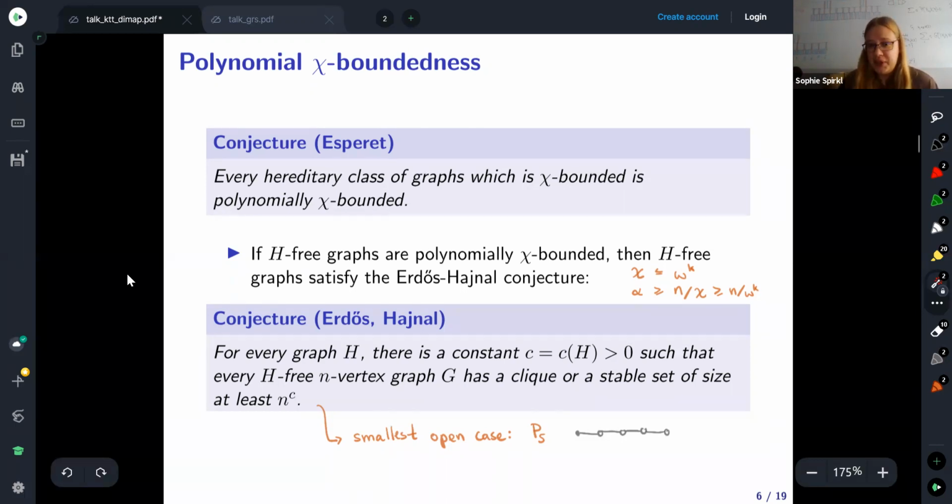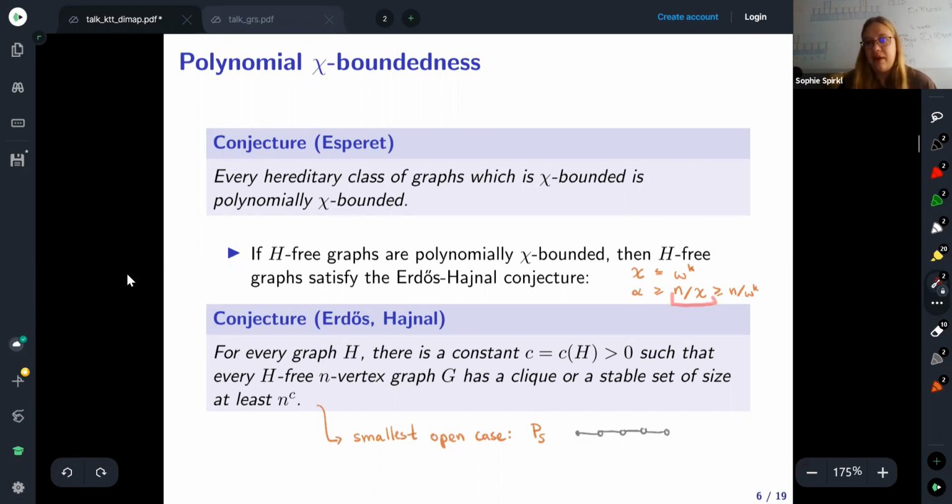And it's not hard to see that polynomial chi-boundedness implies that the Erdős–Hajnal conjecture holds for a class of graphs, because if you know that the chromatic number is bounded by the clique number to the k for some k, then you can do the usual: a coloring is a partition into stable sets. So you get a stable set, that's what alpha denotes, the size of a largest stable set, of size at least the number of vertices divided by the chromatic number.